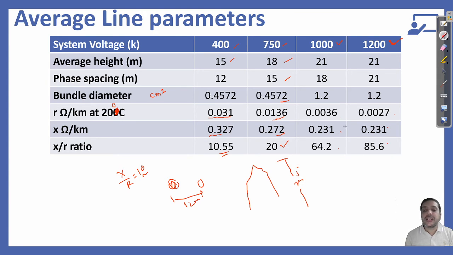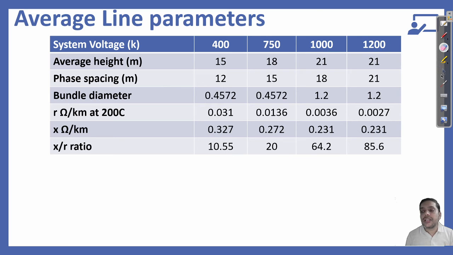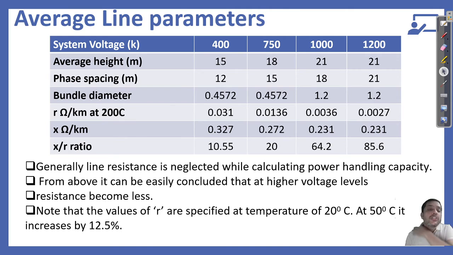We have not adopted 1000; we adopted the 1200 kV transmission voltage, because 1000 and 1200 give the same parameters, but the benefit of the 1200 kV transmission line is very big.